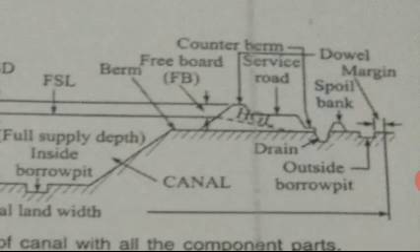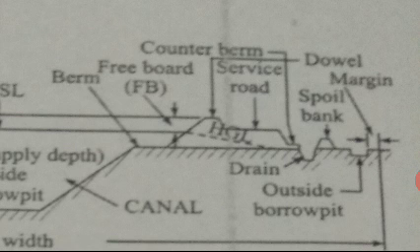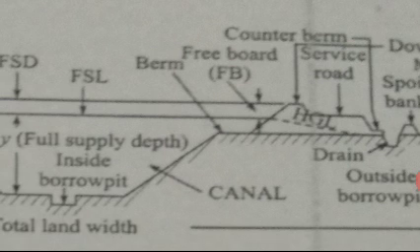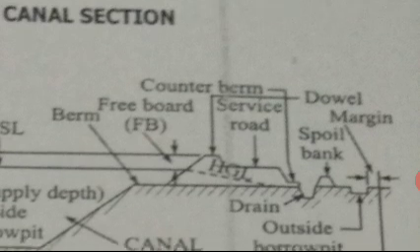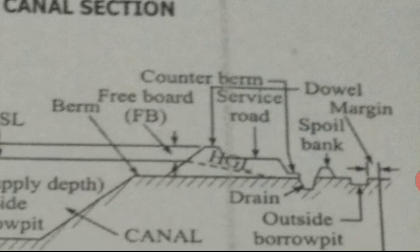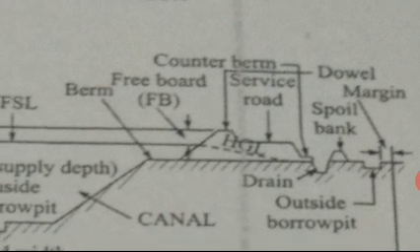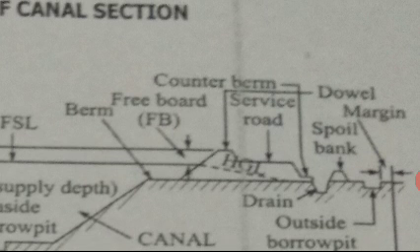And next is spoil bank, you can see here, and dowel, right side at the top, dowel you can see, and service road is also provided exactly after the freeboard.